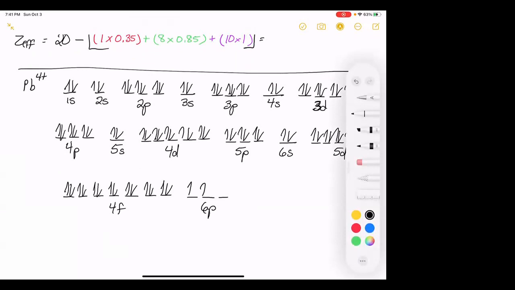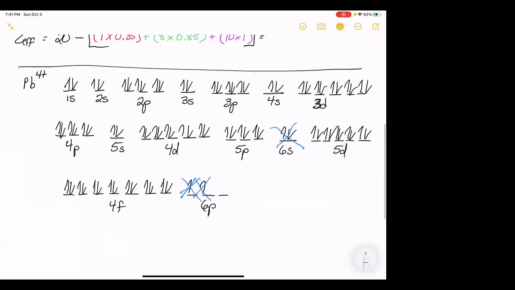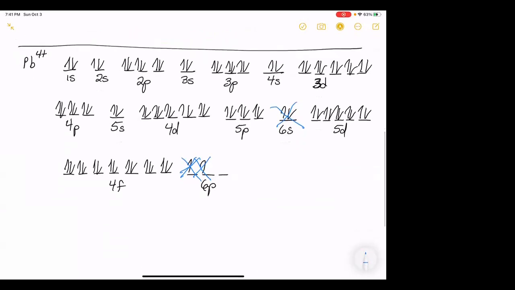So the electrons that will go away will be the 6s2 and the 6p's, and the reason is those are the ones in the highest shell. Now lead is element 82, so Z effective is going to equal 82 minus.